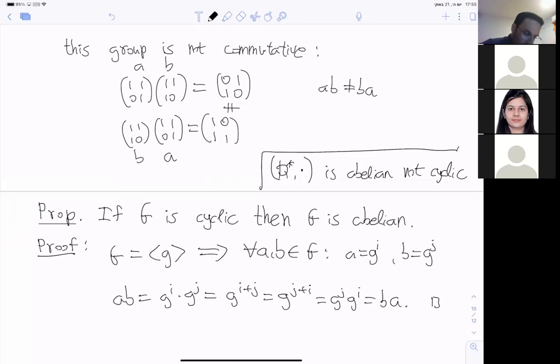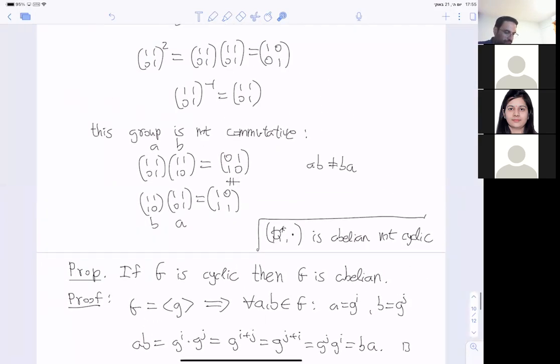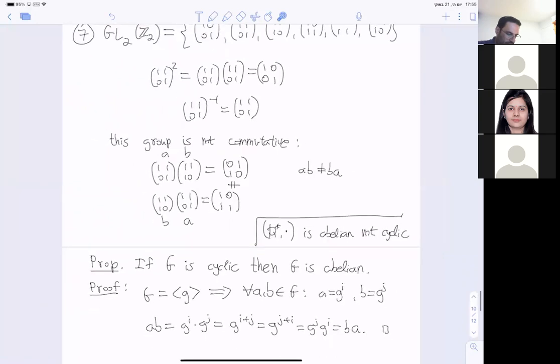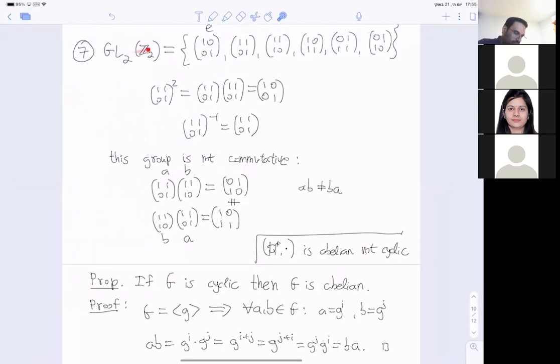So we could have predicted that this group, GL2 over Z2, cannot be cyclic. Because if it were cyclic, it would be abelian, and it's not abelian.